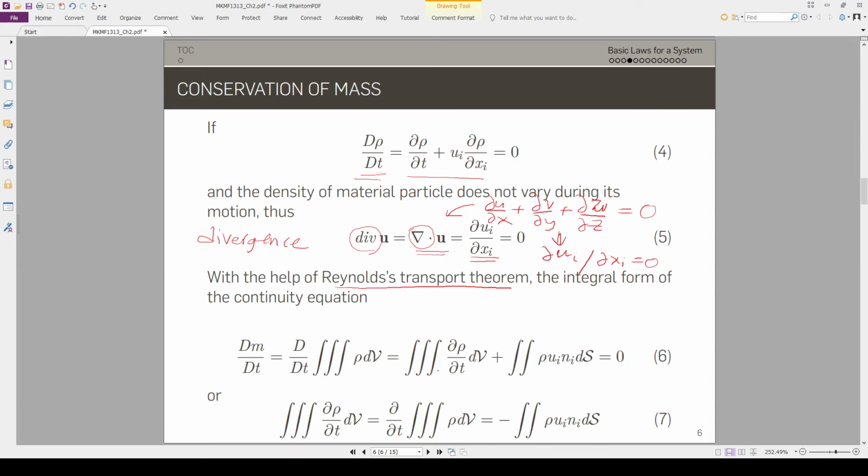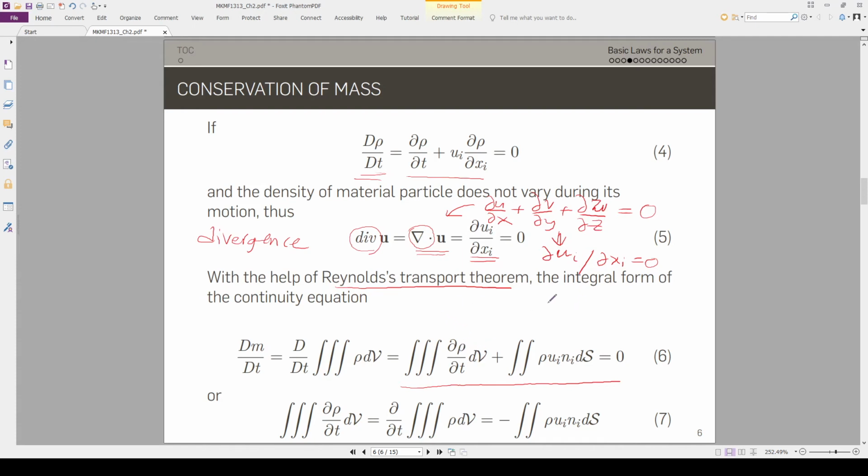So equation number 6 represents the same as we have in the previous slide, but it is written in finite volume expressions. As you can see here, we have the rate of change of mass in the control volume.